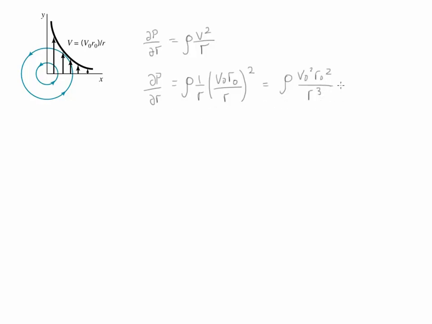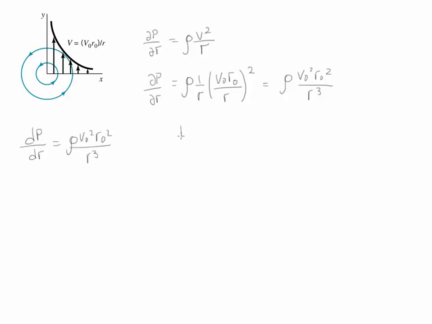Once again, there is only r in this function, so we could change this derivative to a total derivative, so it becomes dp dr equals rho v0 squared r0 squared divided by r to the third.